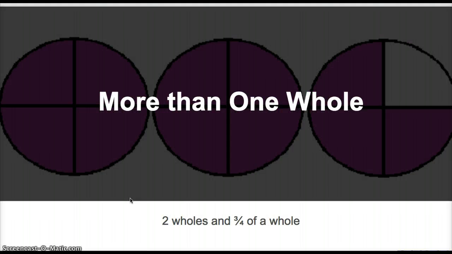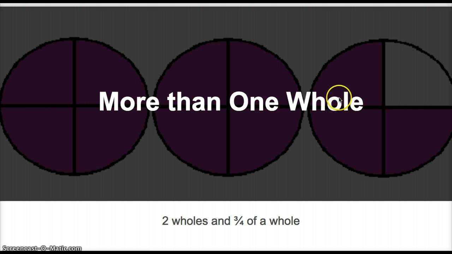Sometimes we can have more than one whole, but all the pieces are still cut in equal amounts. Here we have one whole circle that's cut into 4 equal pieces. Here we have another whole circle cut into 4 equal pieces. Therefore, we have 2 wholes that we are using.